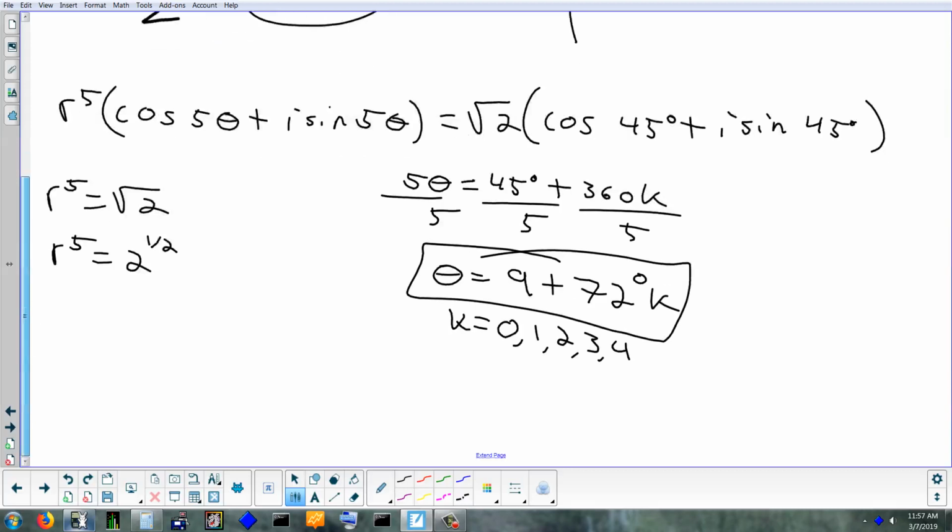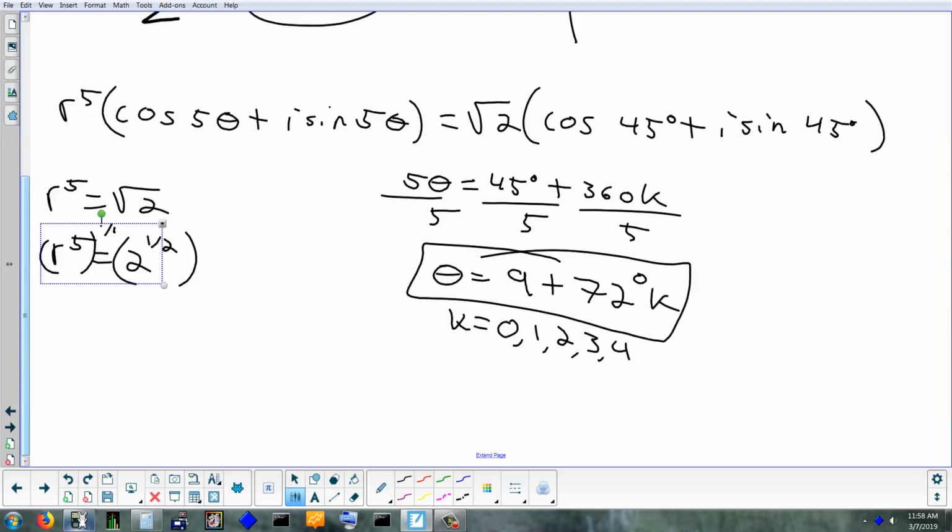Now, my goal is to get r by itself. What power could you raise each side to do that? Because remember, when you have a power to a power, you multiply. So I'm trying to think, 5 times what gives me 1? Negative 5? No, that would give me r to the negative 25th. 1/5.